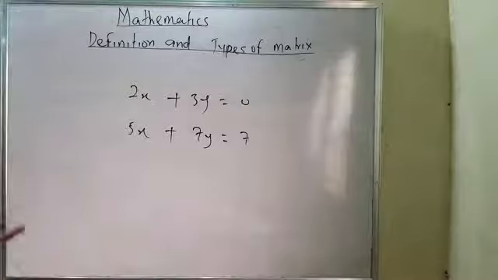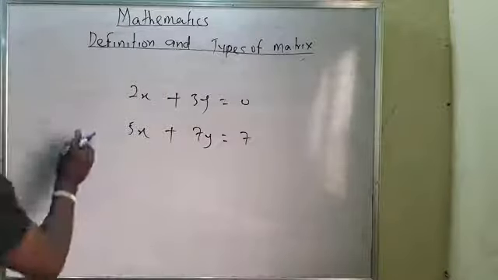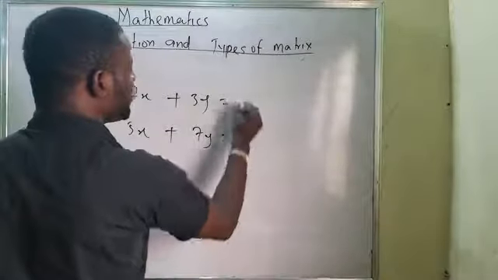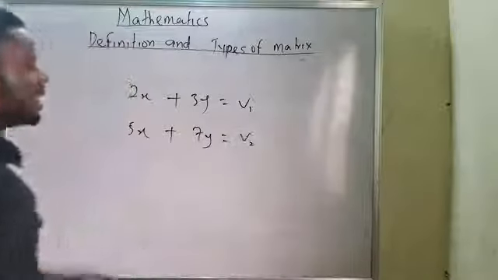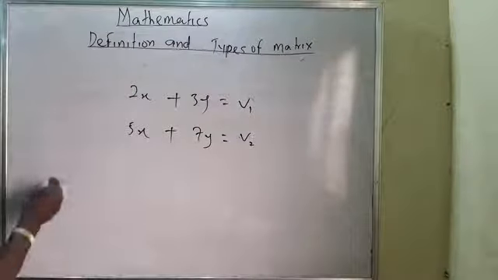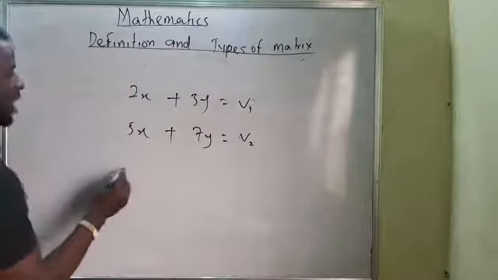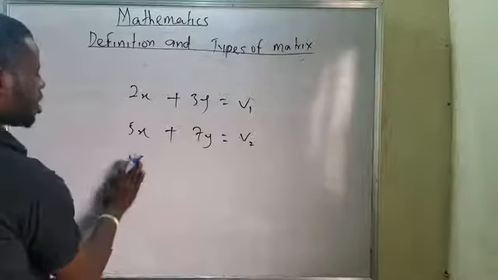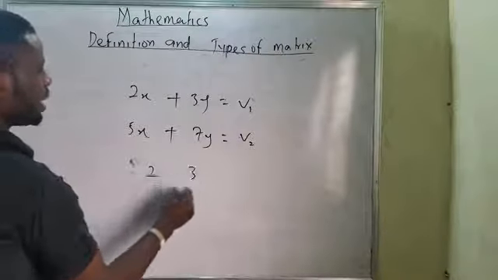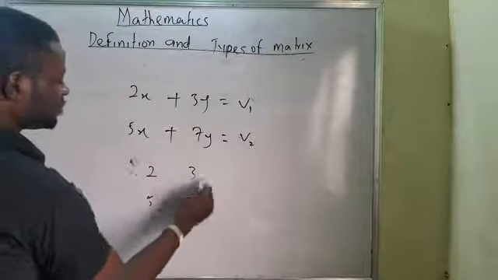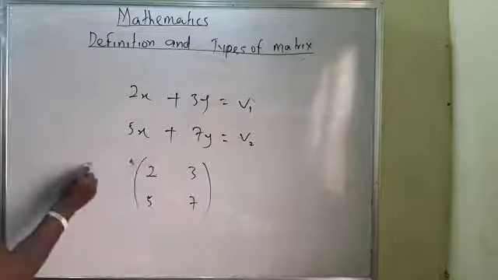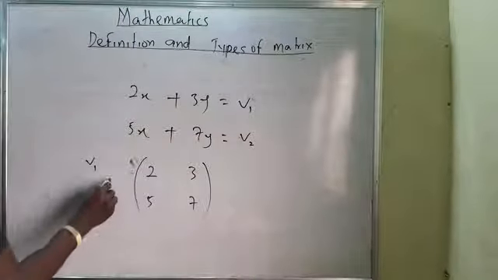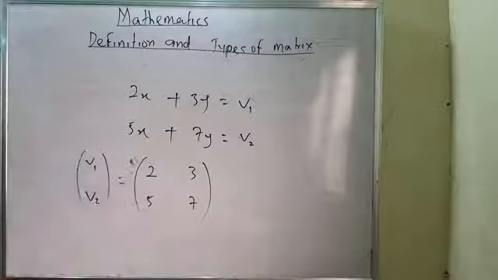This is a very good example of vectors. Let me use it: vector 1, vector 2. It means I have two vectors. It means I'll be having 2, 3, 5, 7, which equals V1, V2. Can you see? That is it. Now, this is a matrix. This is a very good example of a matrix.